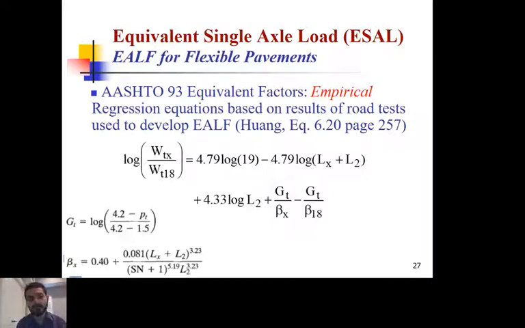The equation, as you can see, is a log of WtX over Wt18, and as you may expect, this WtX over Wt18 is the equivalency factor, or the ELAF. The weight of any given axle over the weight of the 18 kips is equal to this empirical equation, which is based, again, on the structure, the thickness of the structure, the stiffness of the structure, and other factors that I'm going to mention in a little bit.